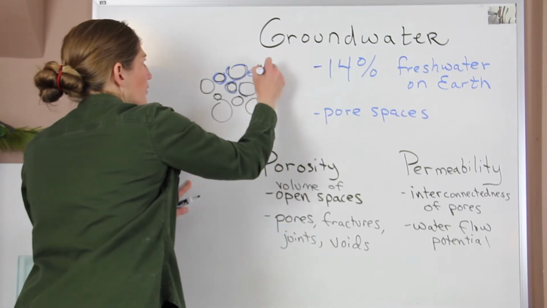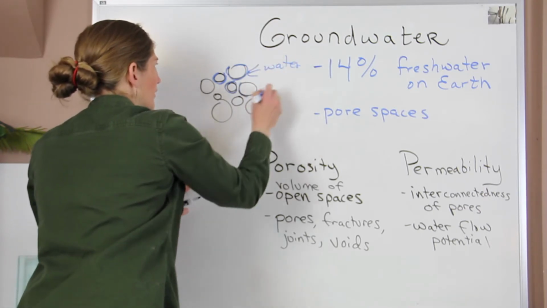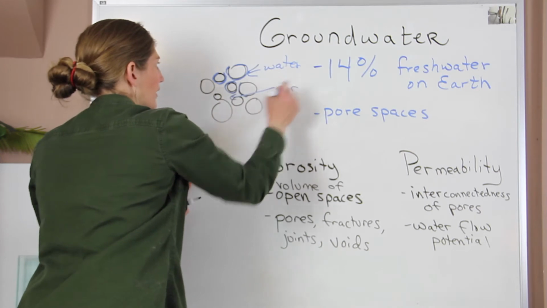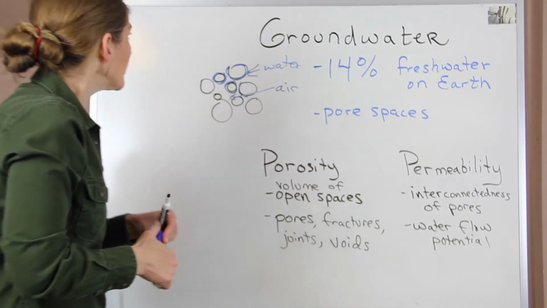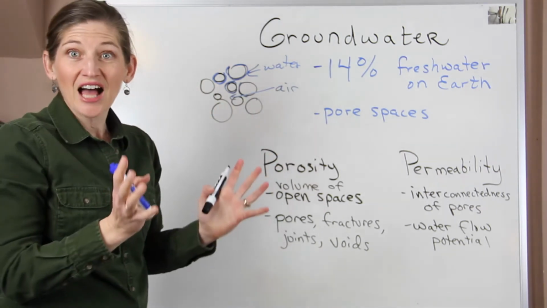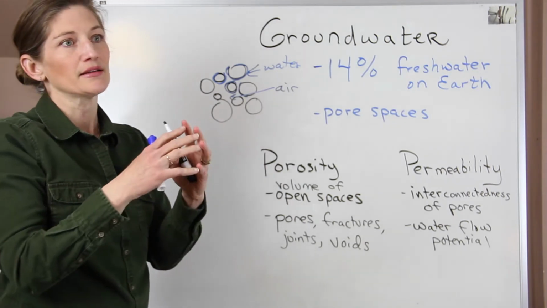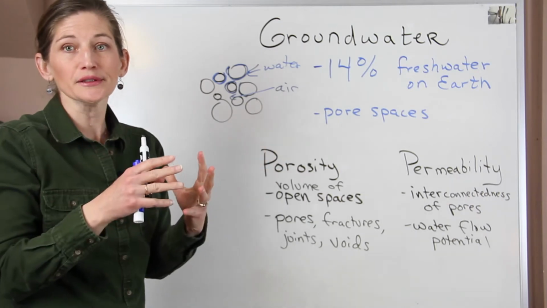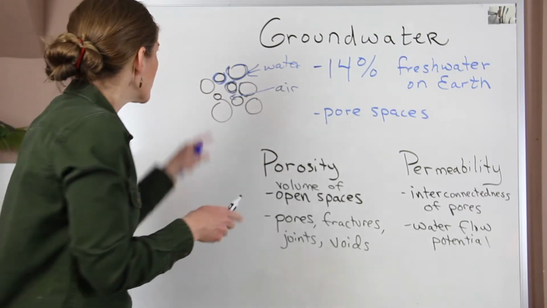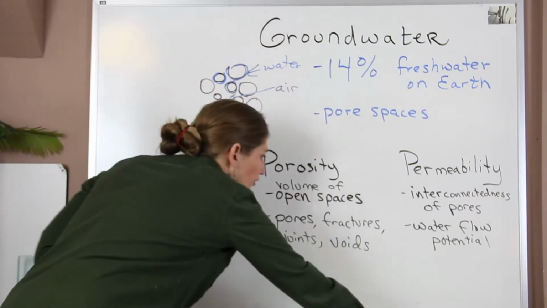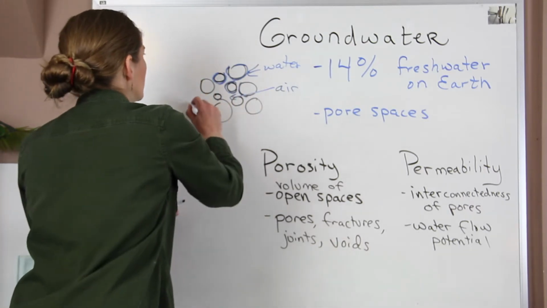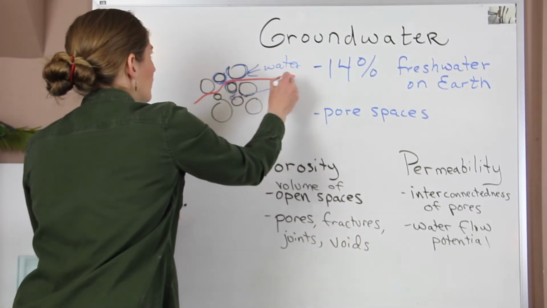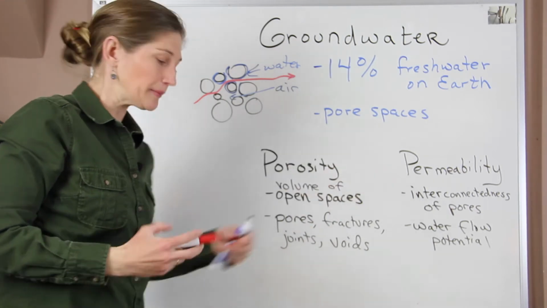So water, air, and then the actual grains. Now, depending on the size of the grains and their shapes, these pores will be bigger or smaller, and then they'll be more connected. So if the water can easily move through, that tells us about the permeability.